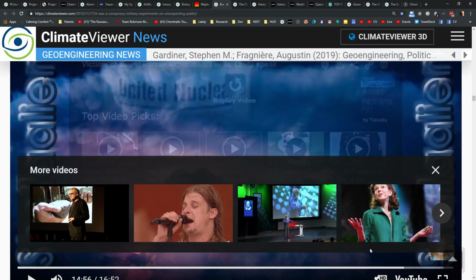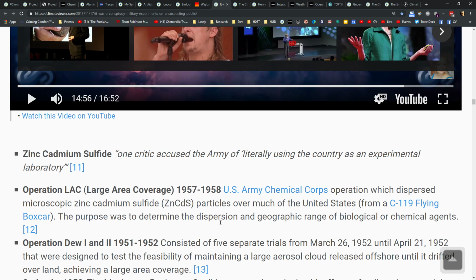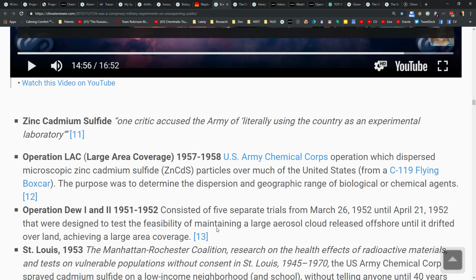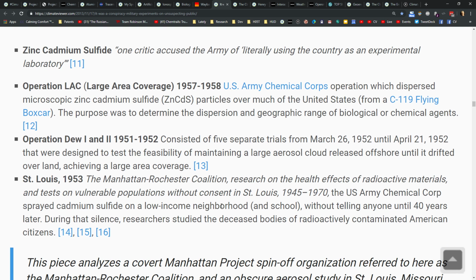So I wanted you guys to hear that before I got to that. So zinc cadmium sulfide is radioactive despite what people are saying in chat. The cadmium is bad for you, and those are first-hand accounts from the people from the map that I showed you at the very beginning of this article, and this is all too real.